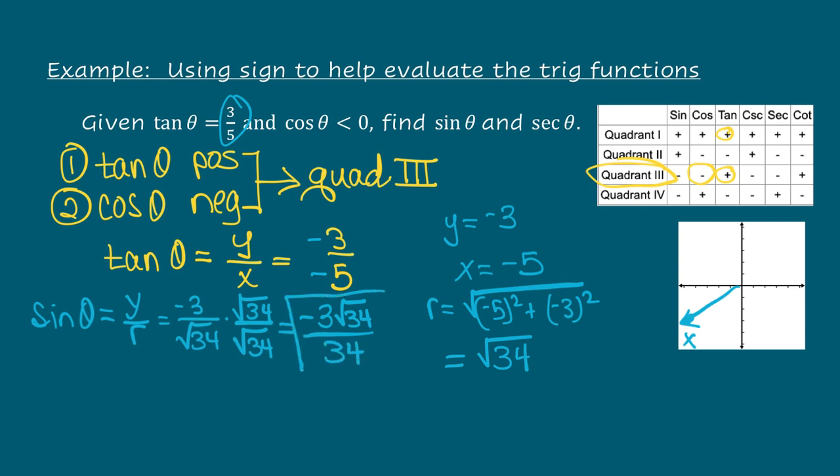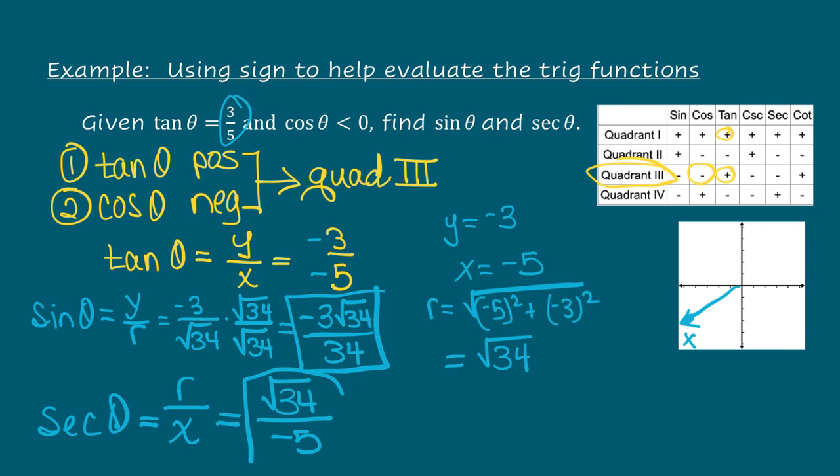So there's my sine theta, and then I need secant theta, which is my ratio of r over x. My r value is square root 34 over x, which is -5. And I don't need to rationalize that. And there I have found the two trigonometric functions that were requested.